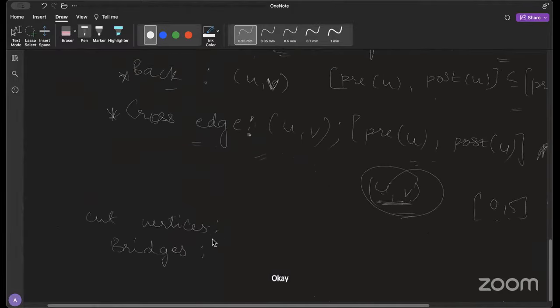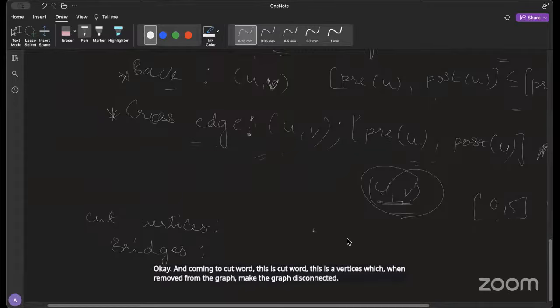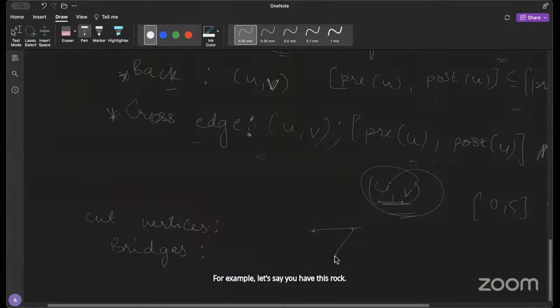Okay. And coming to cut vertices, they are vertices which, when removed from the graph, make the graph disconnected. For example, let's say you have this graph and this thing. Now, if I remove this vertex, the graph will be left, or let's first do the bridges.